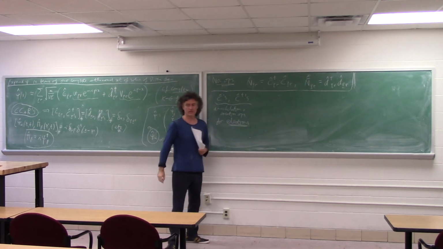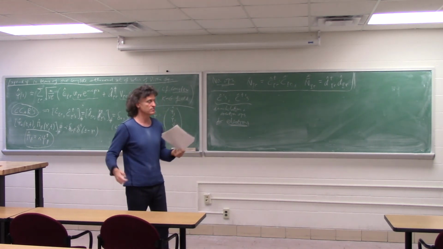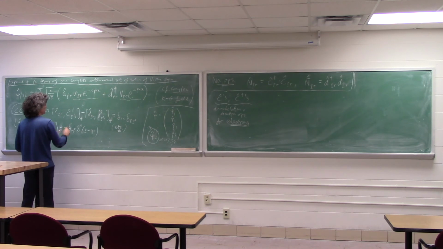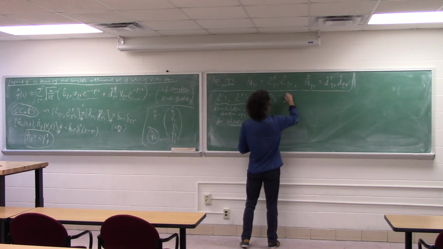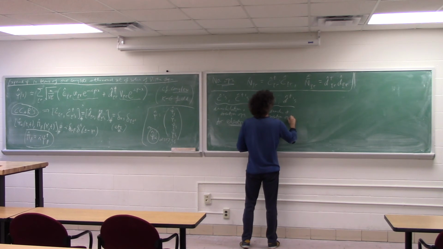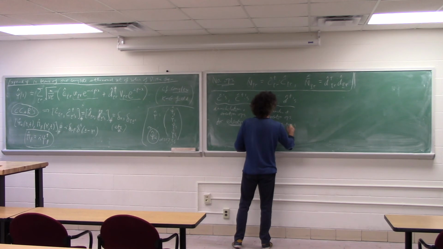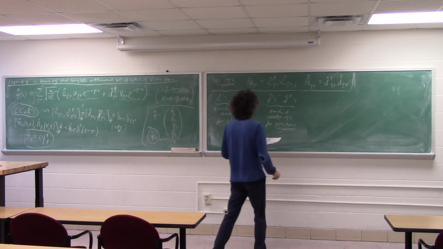Finally, you're at the point in physics where this is actually the best description we have of what electrons actually are. These C's and C daggers are annihilation and creation operators for electrons, whereas the D's and the D daggers are annihilation and creation operators for positrons.